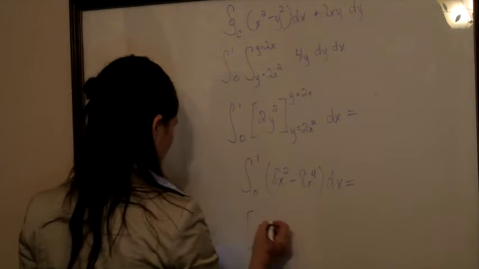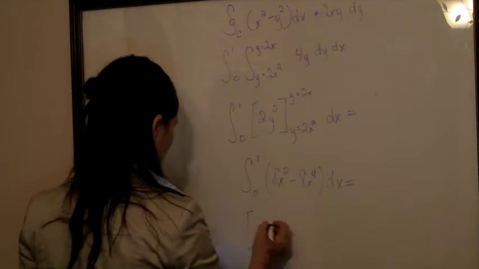And again, we're taking that with the upper boundary of 1 and the lower of 0. So that's going to give us 8 over 3 minus 8 over 5 minus 0, which equals 16 over 15.